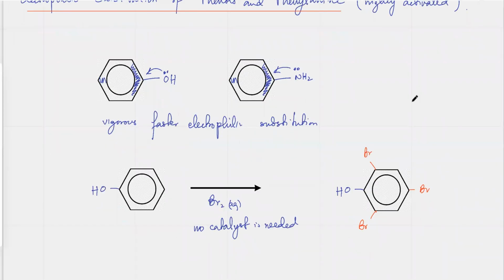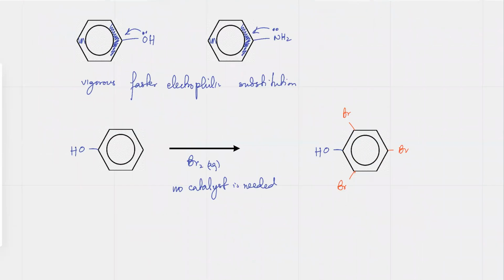Instead of being at one position, the electron density is really high, so the positive bromine is going to be attracted to all three positions.